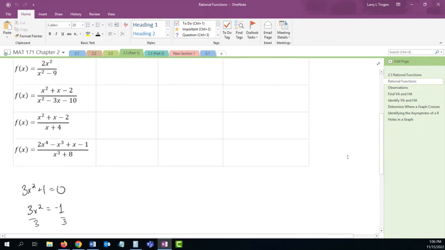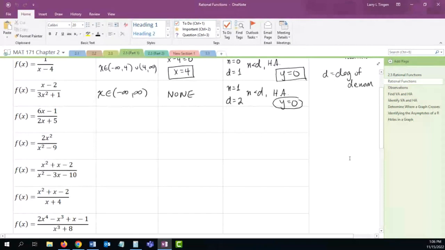So here is just a table of functions we're going to talk through. I'm going to walk you through domains of each, horizontal asymptotes, and vertical asymptotes, and then we're going to break down these problems. So we've done the first two.